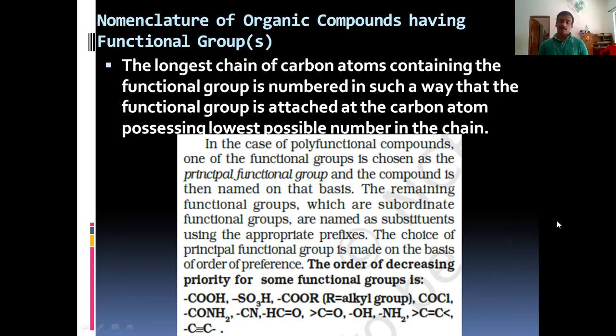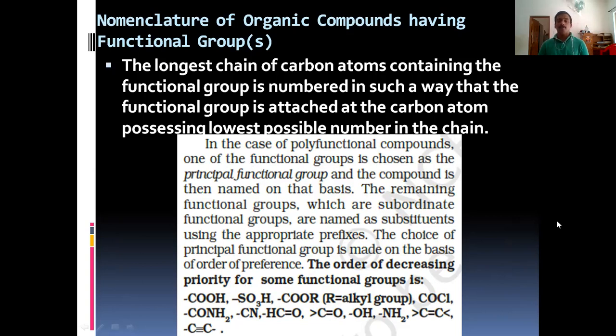Ether, divalent oxygen or alkoxy substituent. Aldehydes, ketones, carboxylic acids. So many functional groups are there. Amines. So now we have to discuss nomenclature of these organic compounds containing functional groups.